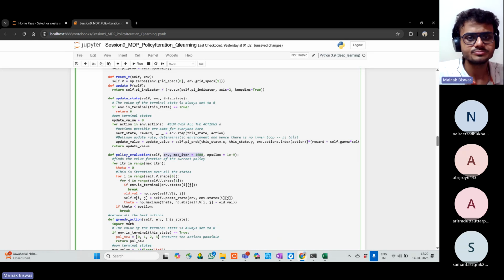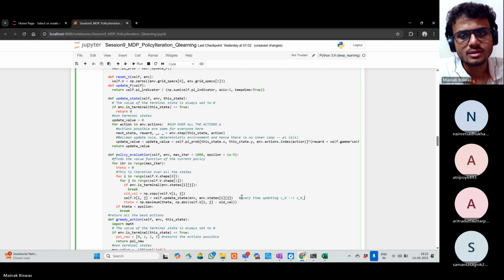Okay, clear to everyone? Any questions? So what you're doing is every time updating vk to vk plus 1, until convergence. Is it clear?